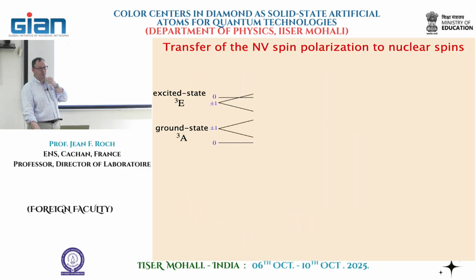So one thing I want to discuss now, and this will be related to the experiment we will see this afternoon, is how we can transfer the NV spin polarization to the nuclear spin. And for that, we will use something called a crossover.